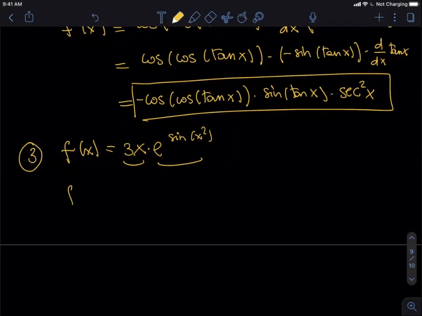So the derivative is product rule, derivative of the first times the second plus the first times the derivative of the second.